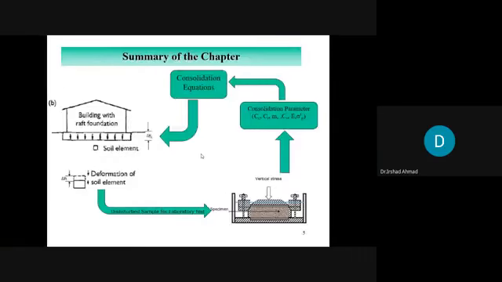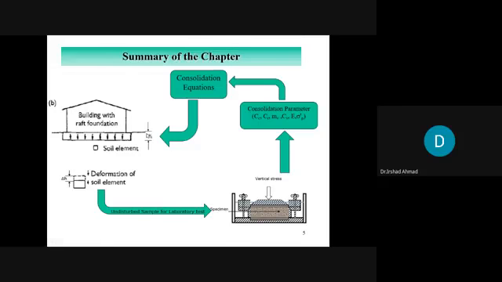Now come to the process again. This is the building. It is imposing some stress on the soil below, and the soil layers are undergoing compression. Our concern is to find this delta HC because of the building load.